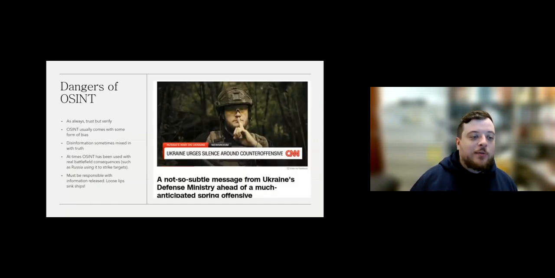So there's also some dangers of OSINT, right? As always, trust but verify. OSINT usually comes with some form of bias, of course, especially when it comes to involving some sort of conflict. If you're covering a conflict and you're from that area, there's probably going to be some form of bias. And you have to keep in mind whoever's posting the information might not always be the most truthful person.